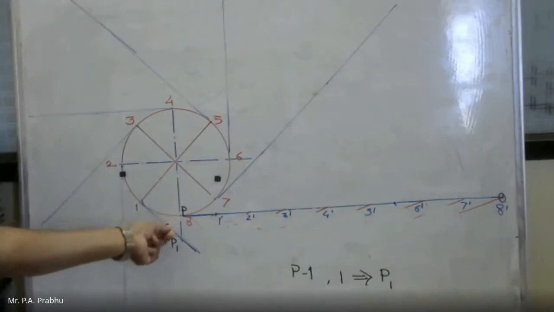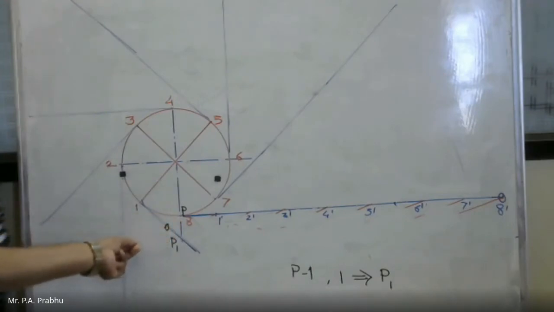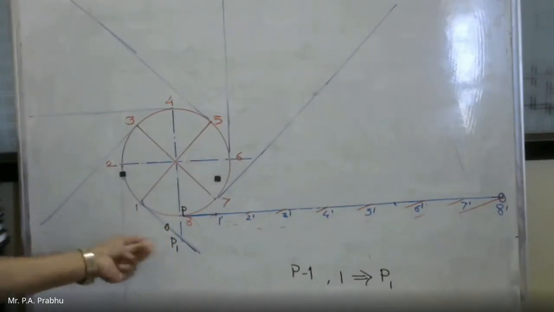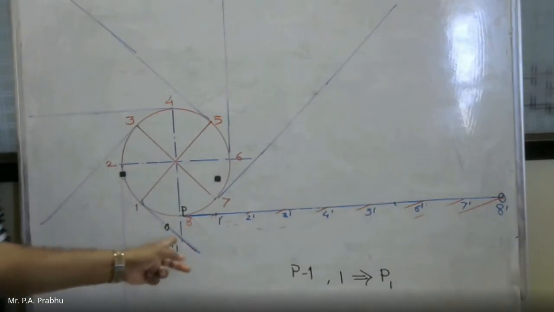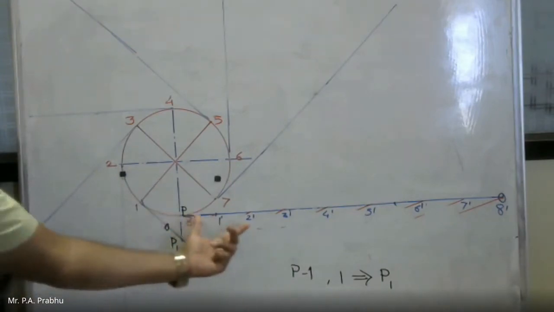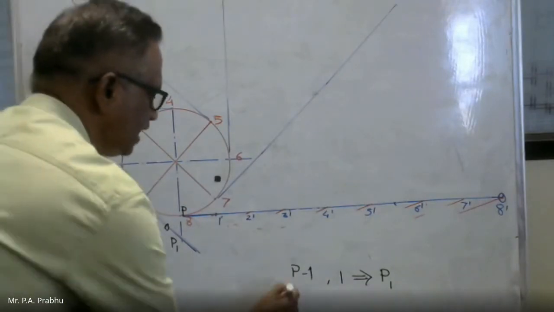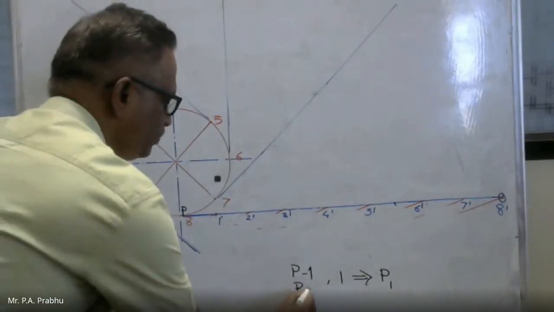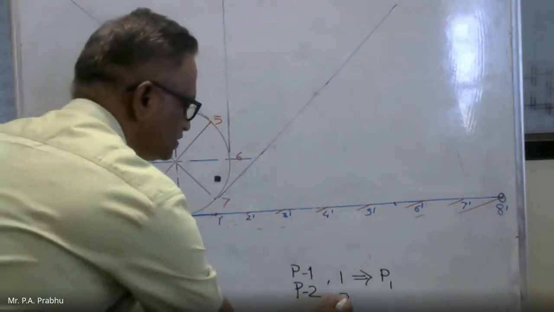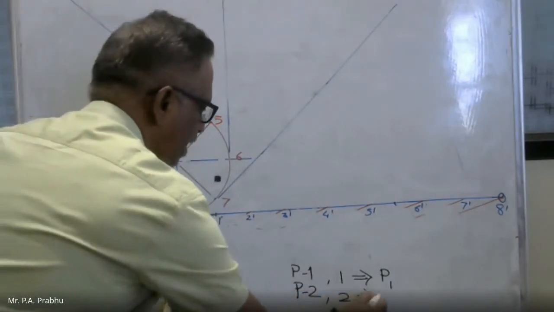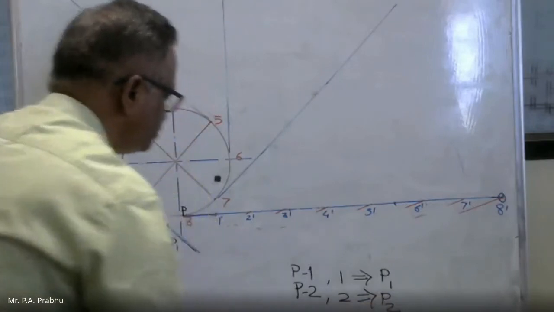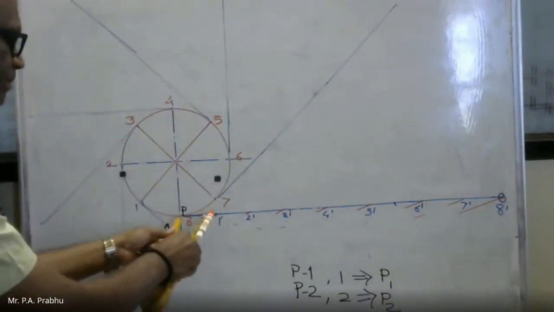Then I have further moved and I have opened second division also. Okay. So now the next position of point P will be at a distance of 2 division. So now I take a radius equal to P2, center 2, and mark that position as a point P2.